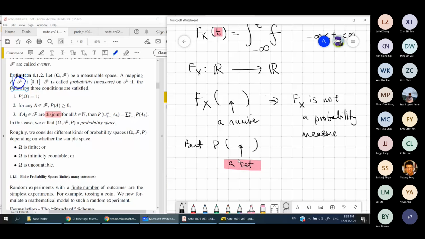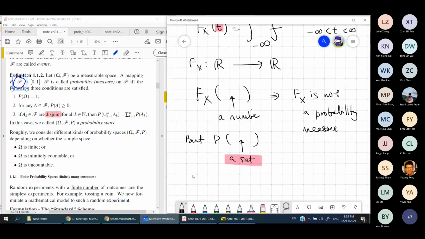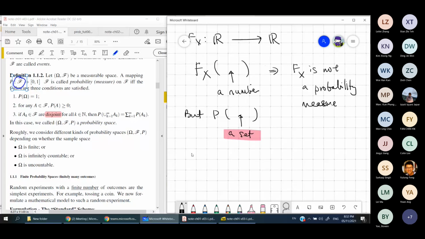So it is also not a probability measure. Never mind. Later on you will see how to use the density function to define a probability, and then you can see the difference between this and that. At the moment, just remember the definitions, the three axioms here.